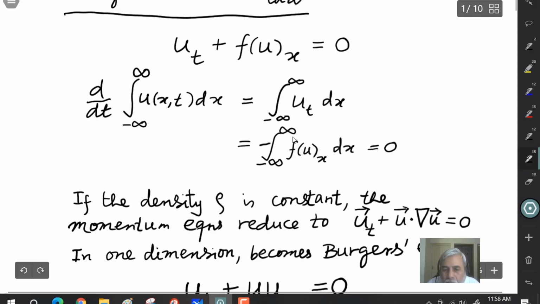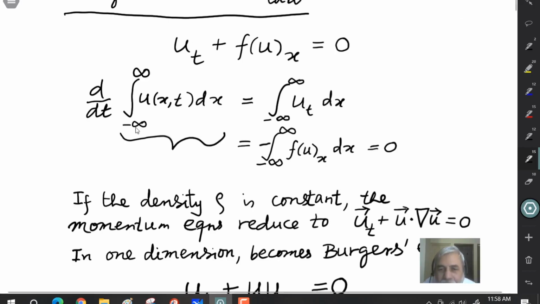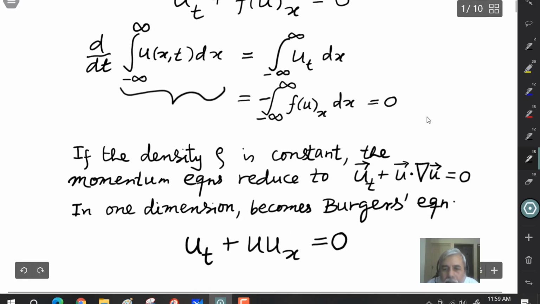Assuming that at infinity they just vanish, we will get 0. So this quantity is a constant, so it is conserved in time. And as you go along, we'll give more examples.